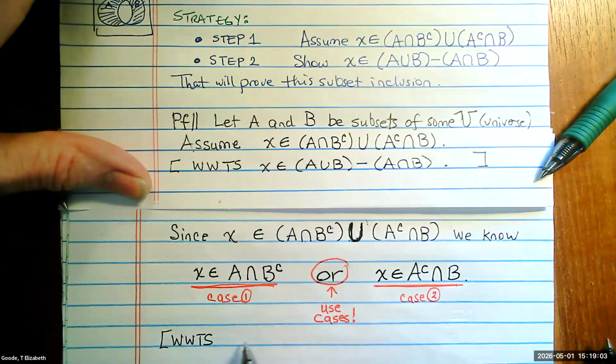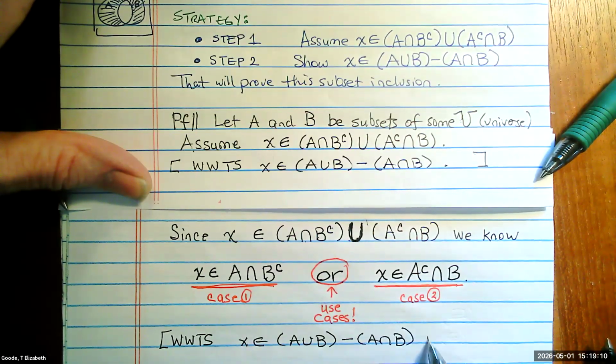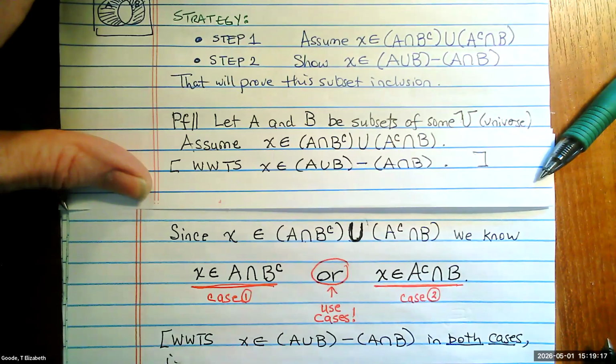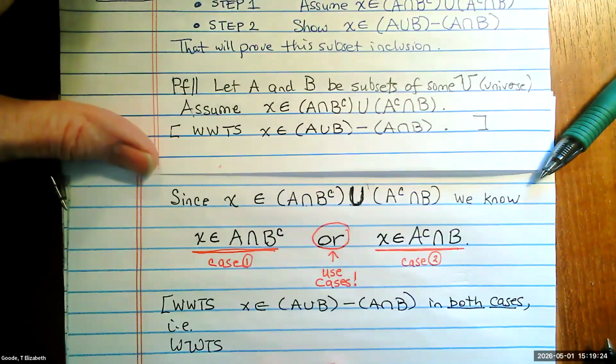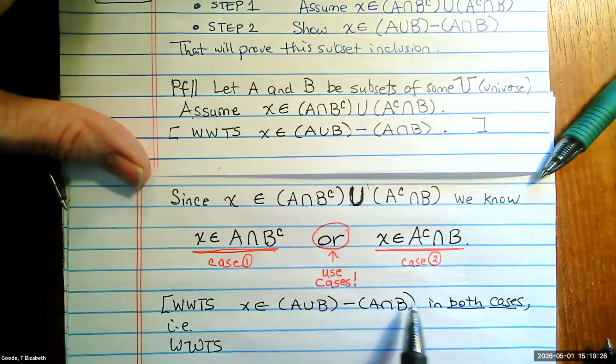We wish to show X is an element of A union B minus A intersect B in both cases. What do we really wish to show? Let's break down what our wish is just a little bit. How do we break down this wish?